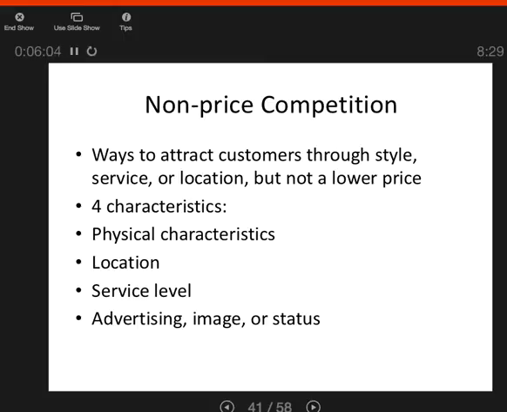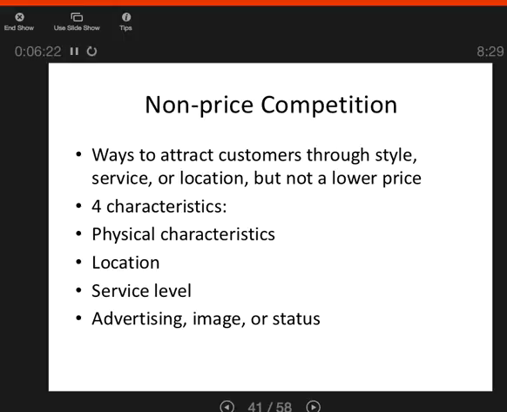Here are the characteristics. So first one, physical characteristics. That's all the packaging you see in the store. So next time you walk through the store, even if you're buying just paper, there's competition with that. Location is another big piece for this non-price competition.